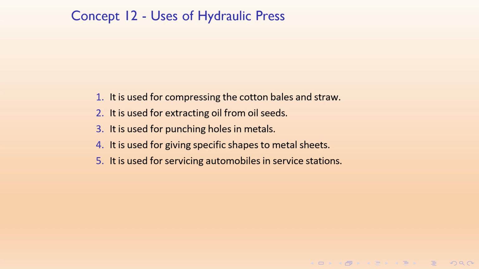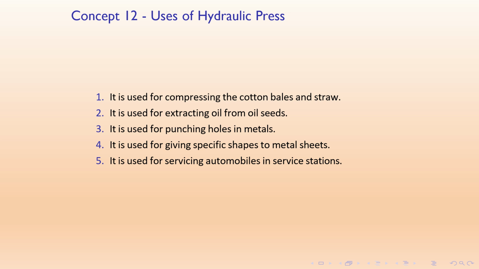So, uses of the hydraulic press. It is used for compressing cotton bales and straw. It is used for extracting oil from oil seeds. It is used for punching holes in metals.